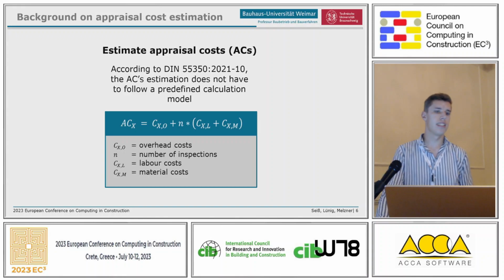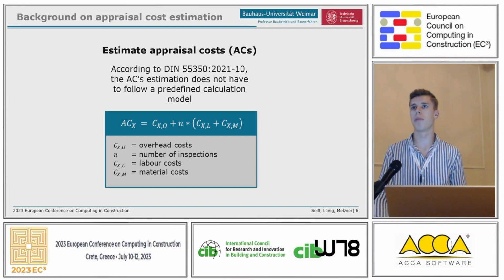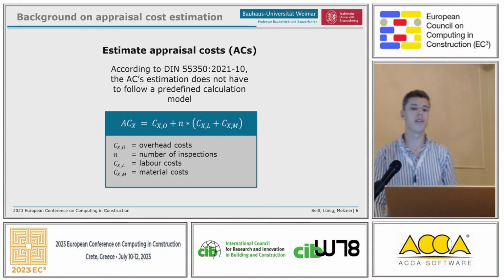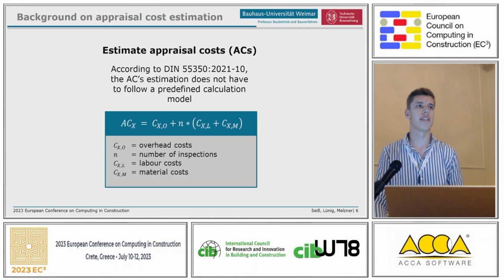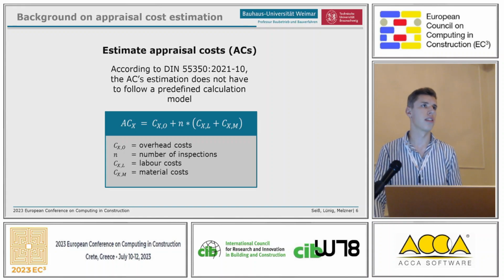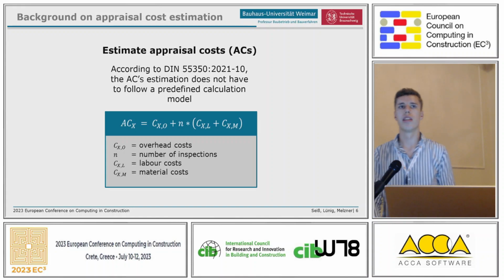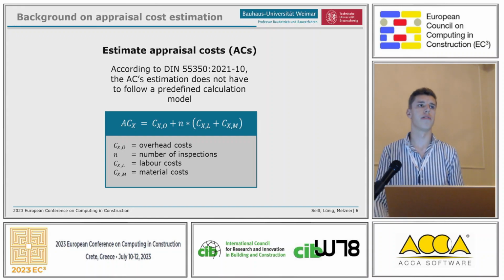The DIN says that you're allowed to calculate or estimate these costs by your own criteria. So there is no predefined model, and we decided on this formula: an inspection has an overhead cost part that is fixed, for example the transfer to the building, and a dynamic part.